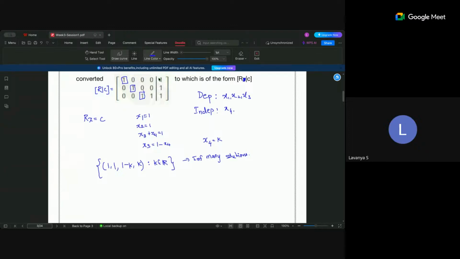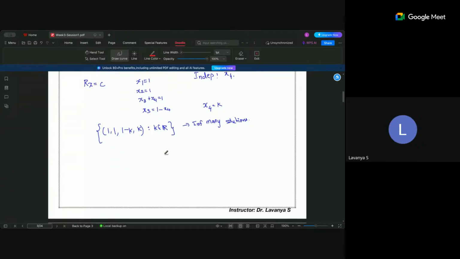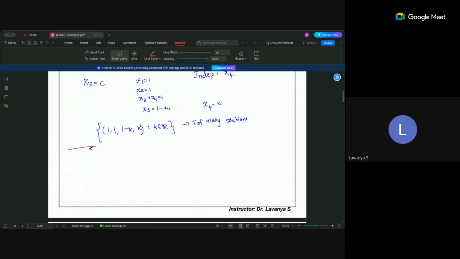Exactly. If you people are having this as a question, maybe I'll write it here. The existence of an independent variable implies the system has infinitely many solutions.